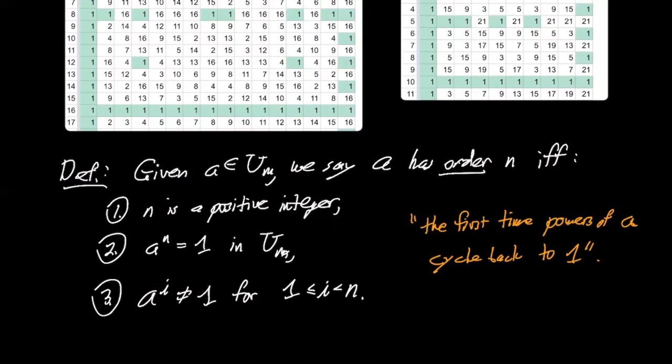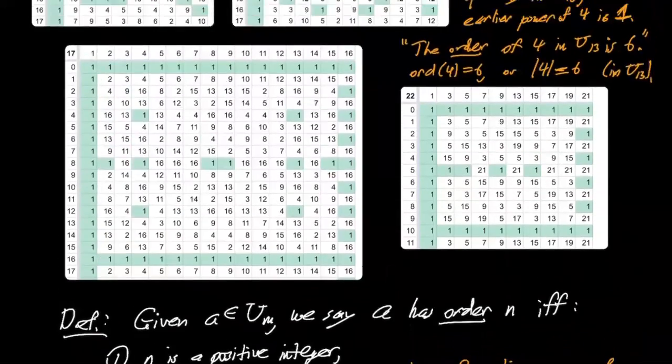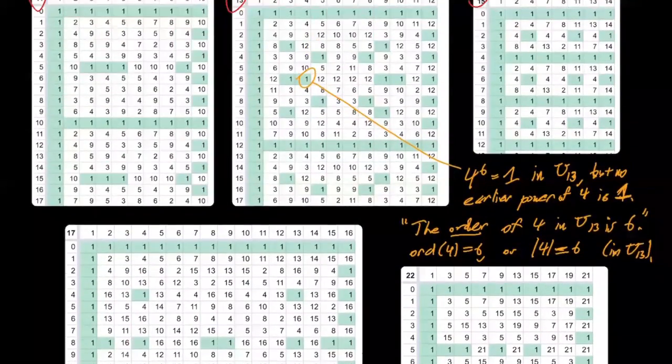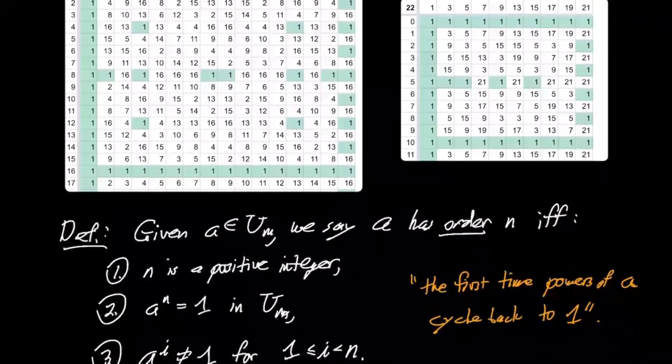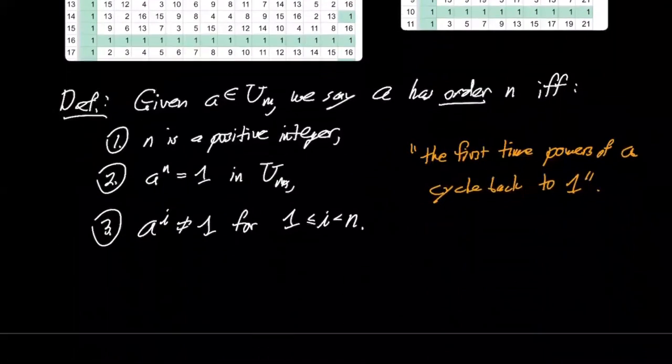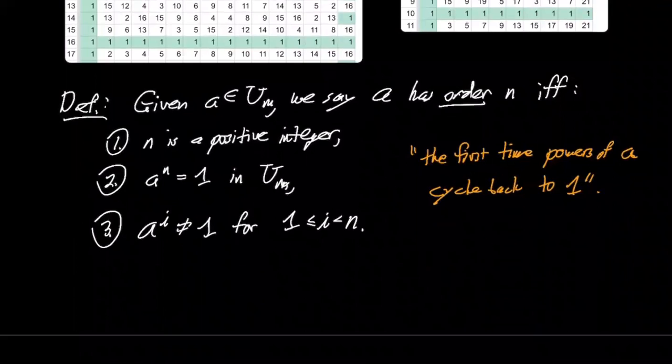Okay, and so just as an example, looking at these tables, in U22, 9 has order 5.